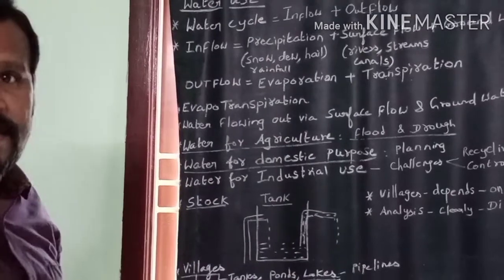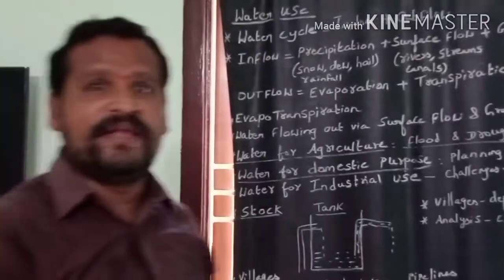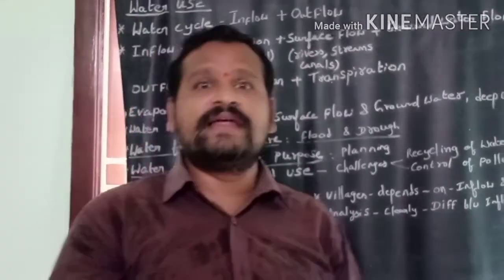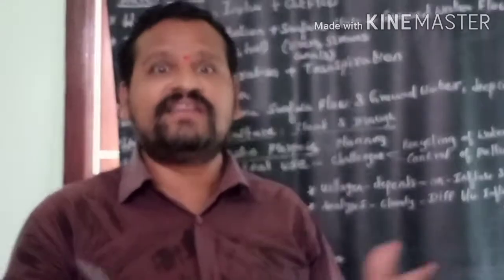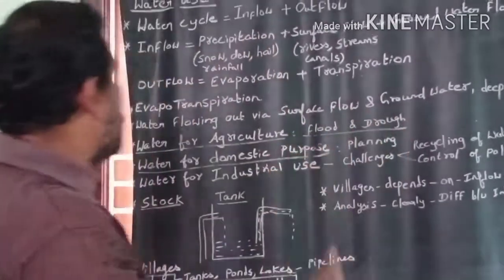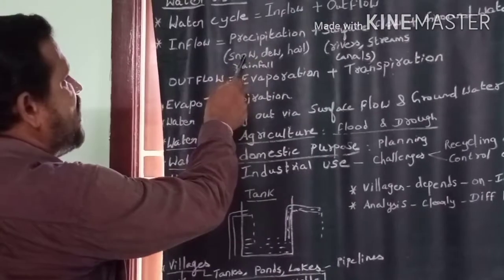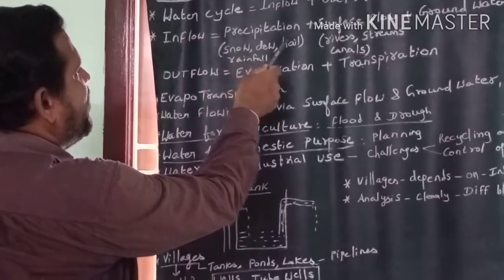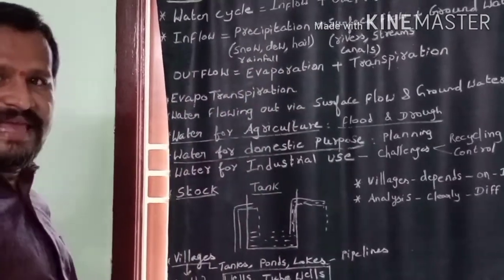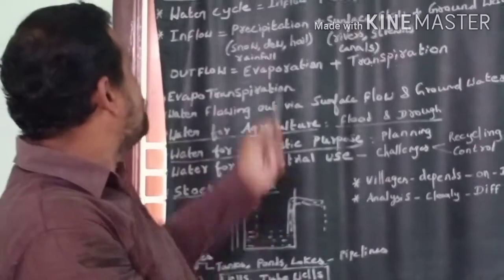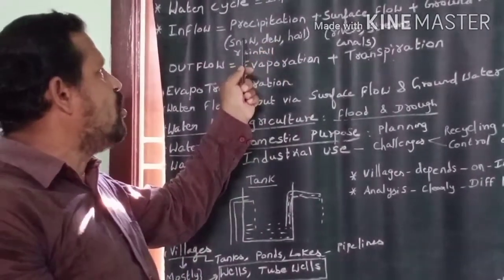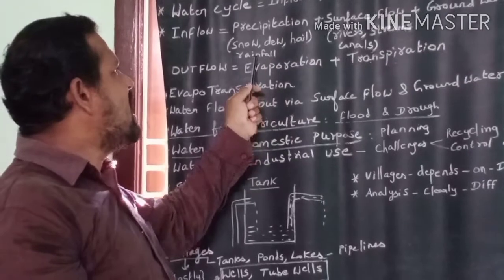Because an area, whether a village, a city, a town or a district, gets water from precipitation in the form of snow, dew, hail and rainfall.